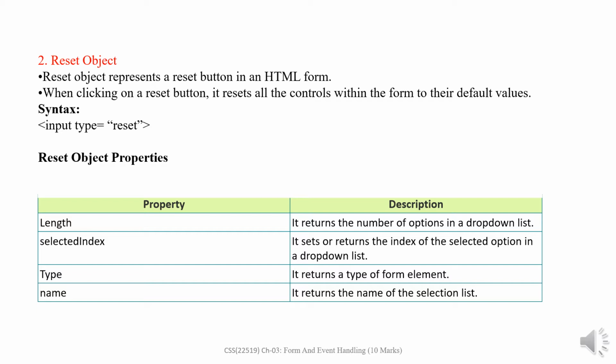First is the length property, which returns the number of options in the drop down list. Then selectedIndex sets or returns the index of the selected option in the drop down list. Then type returns the type of a form element. And name returns the name of a selection list.